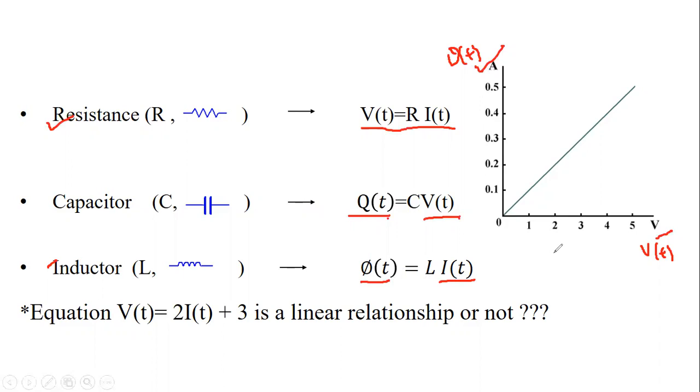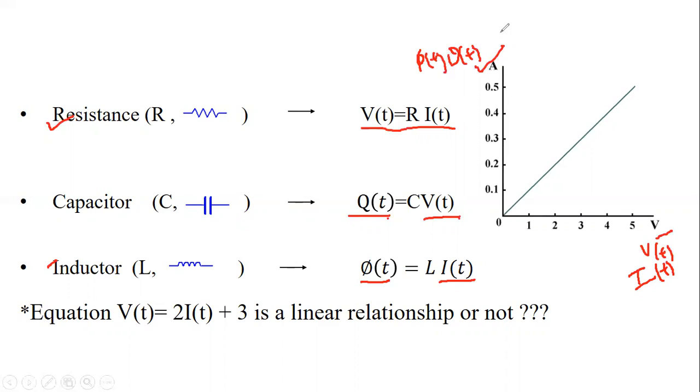When we draw the plot between phi(t) and i(t), with the current i(t) on the x-axis and the flux phi(t) on the y-axis, that is again a linear relation.